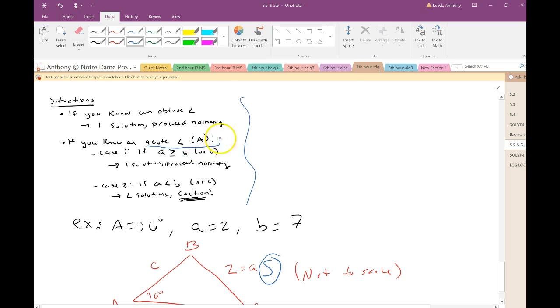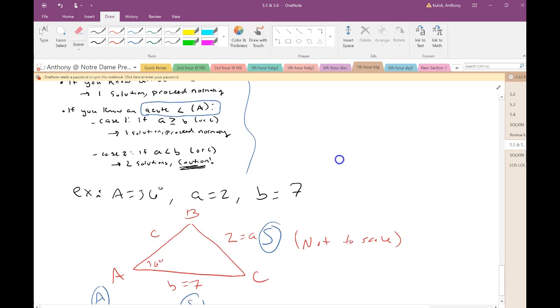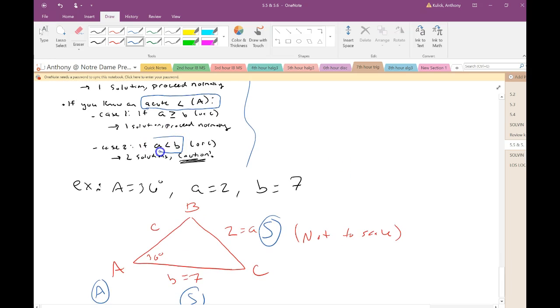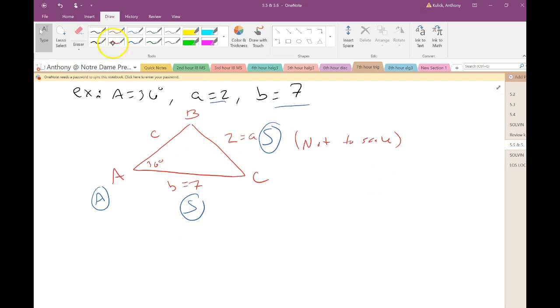The angle that's given to us is acute, and the side opposite that angle is less than the other side that's given. Is everybody on board with how we can see that? Since 2 is clearly less than 7. So this means we're in the 2 solution situation.